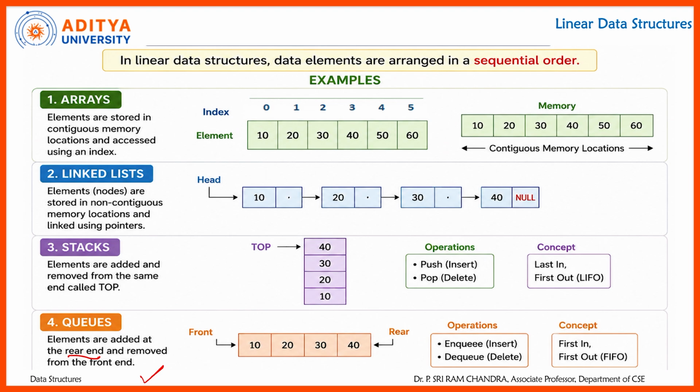Usually you see queue systems everywhere, right? While purchasing tickets or while giving your attendance in a biometric system, everywhere we follow the queue method, that is first in first out.